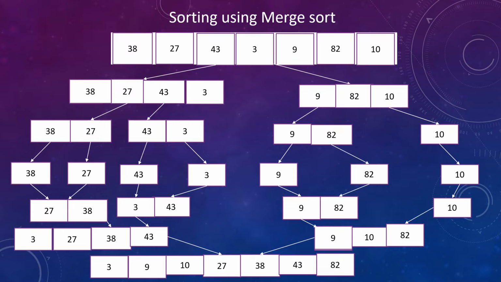Going forward, it gets sorted into bigger arrays till finally the main sorted array is given out as output. This is how merge sort runs. So understanding that it runs on a divide and conquer approach is what we have to understand first, and this is how it works.